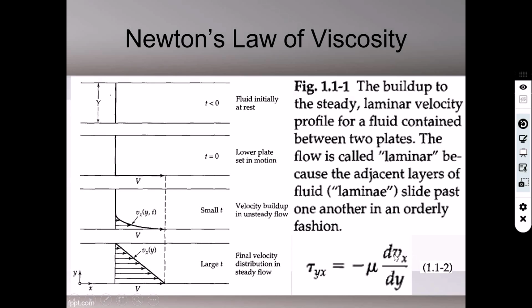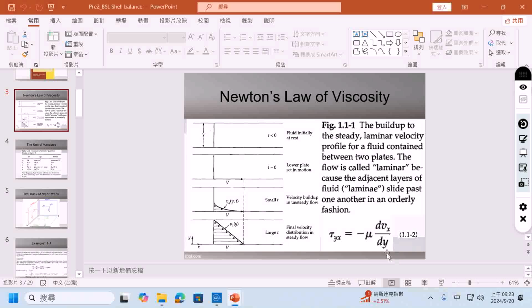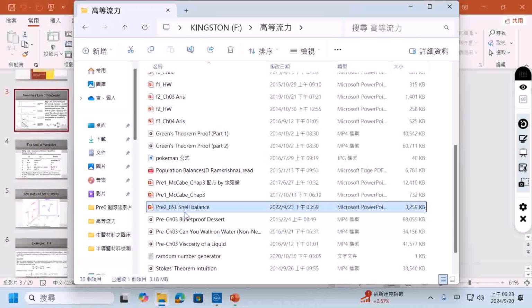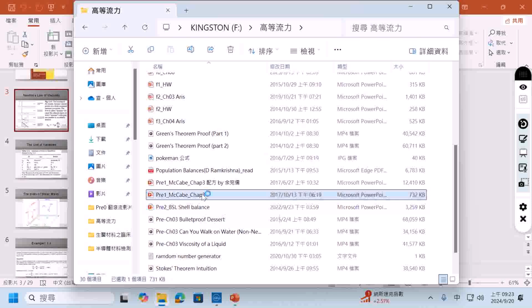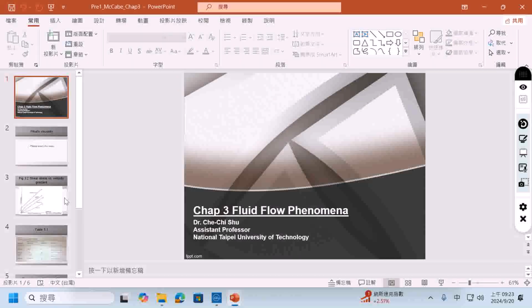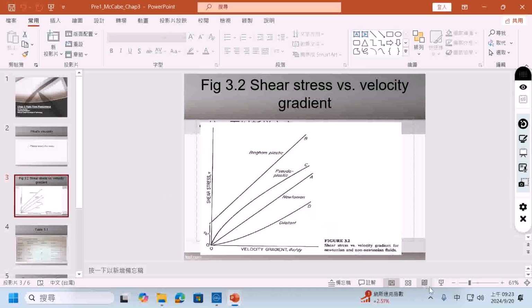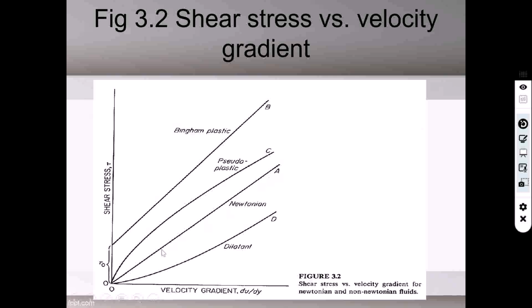You remember that, right? We have this figure. This line is Newtonian fluid. So this line shows that the relationship between the velocity gradient and the shear stress is linear.